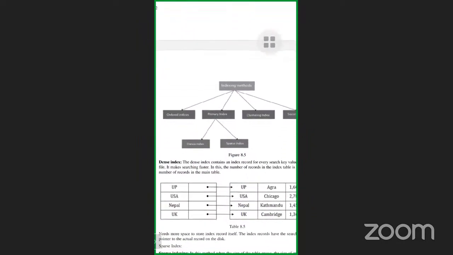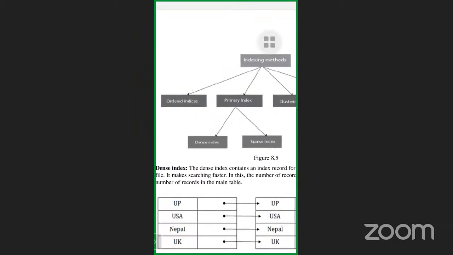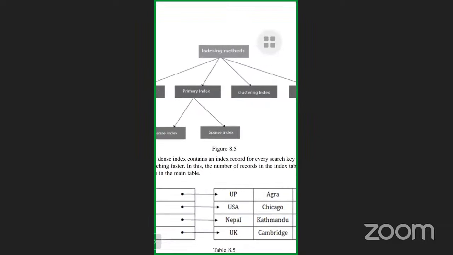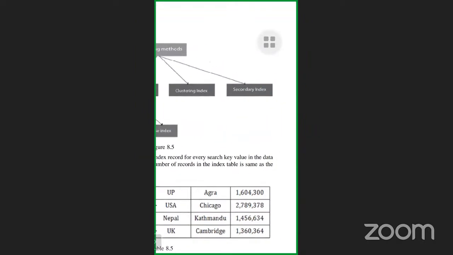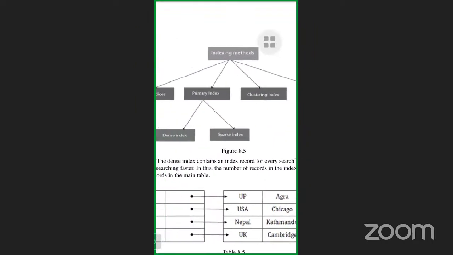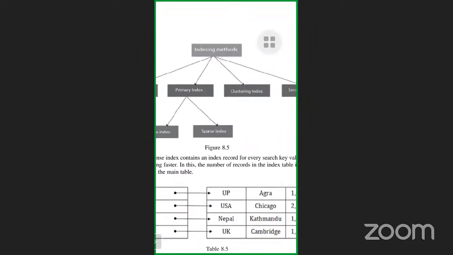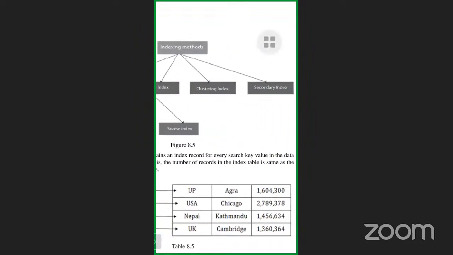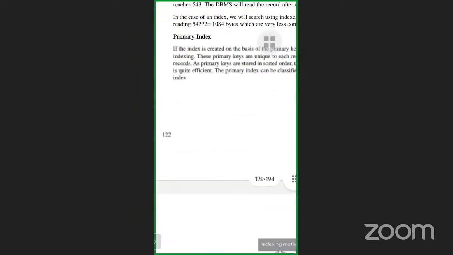Diagrammatically, in the indexing method we have ordered indices: primary index, clustering index, and secondary index. Again, the primary index has two types, dense index and sparse index.